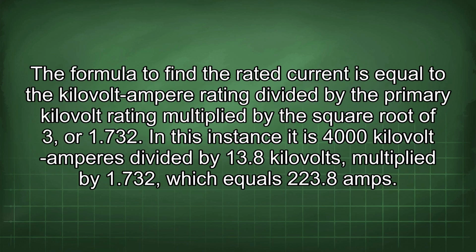The formula to find the rated current is equal to the kilovolt-ampere rating divided by the primary kilovolt rating multiplied by the square root of 3, or 1.732. In this instance, it is 4000 kVA divided by 13.8 kV multiplied by 1.732, which equals 223.8 amps.